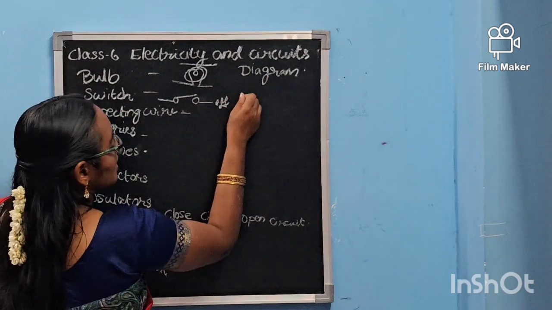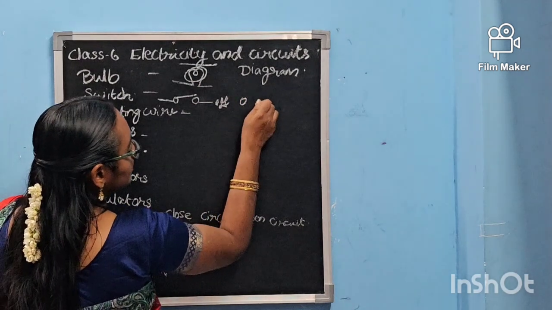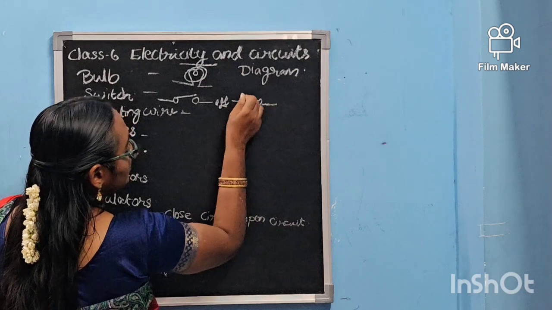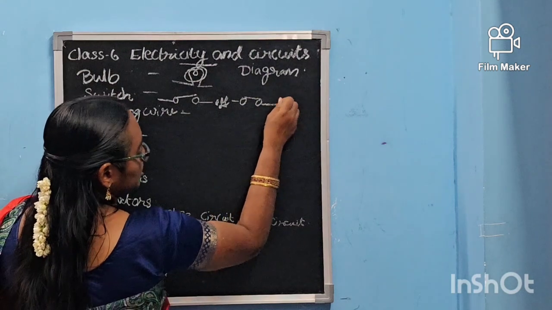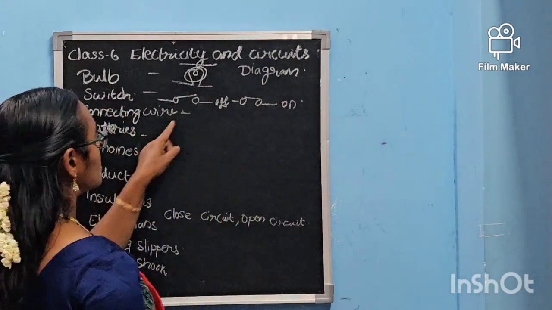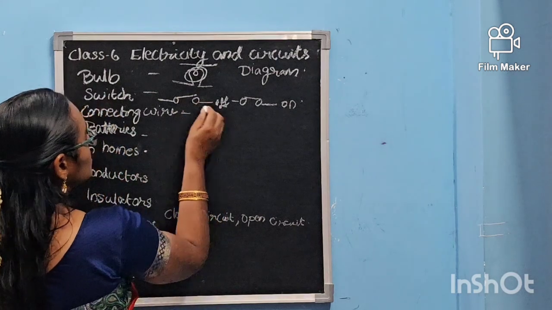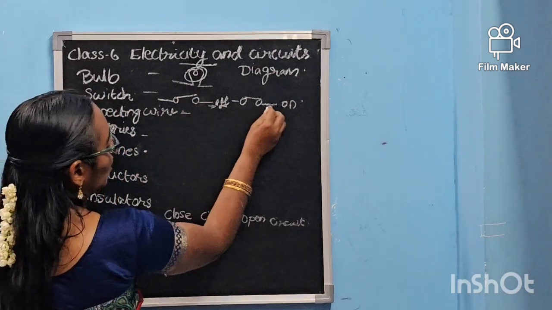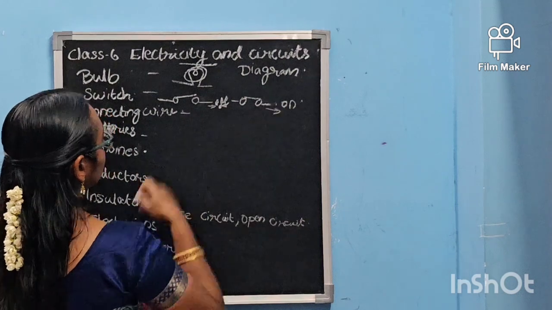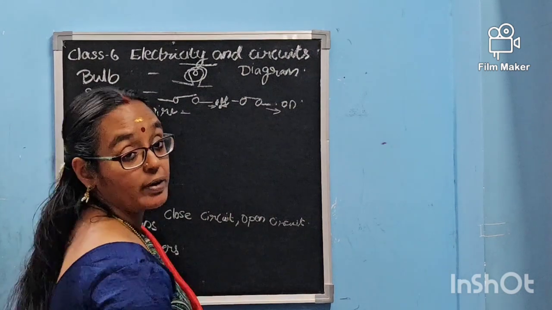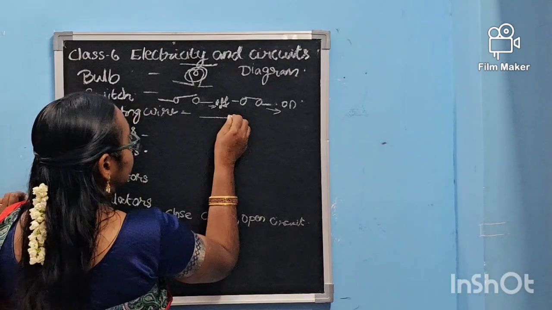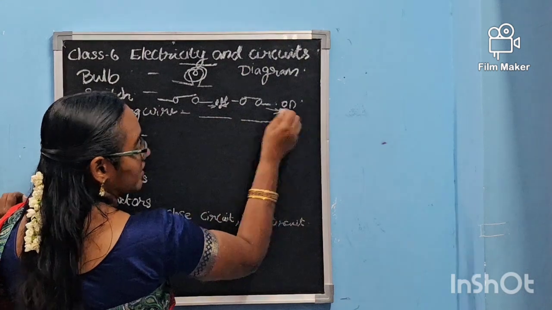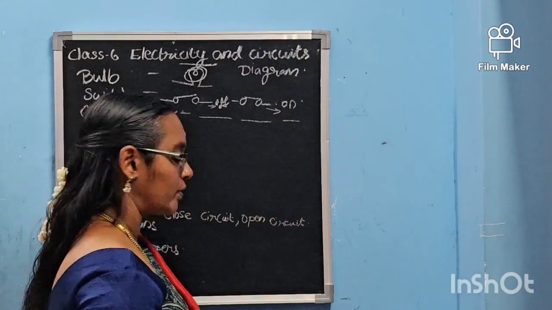When the metals are connected to each other, it will be the on position. This is off, and this is on. Okay, then conducting wires. Conducting wires will always be represented as a straight line. Straight line, straight line, straight line. It can be horizontal or vertical.